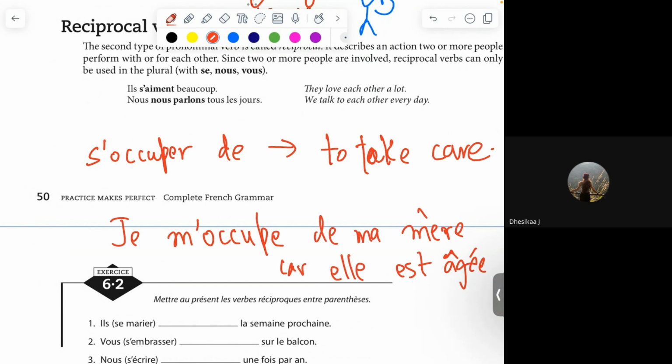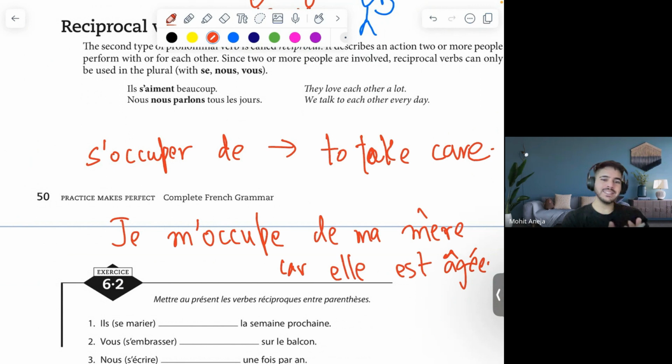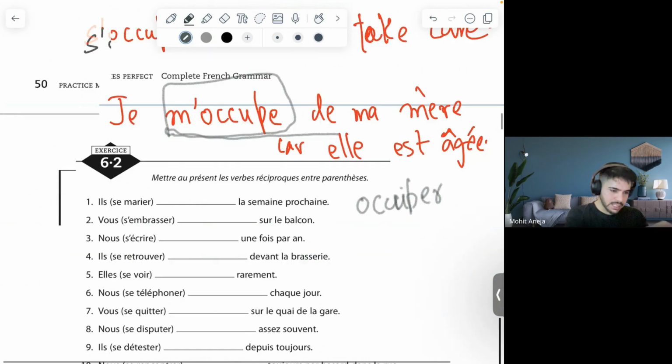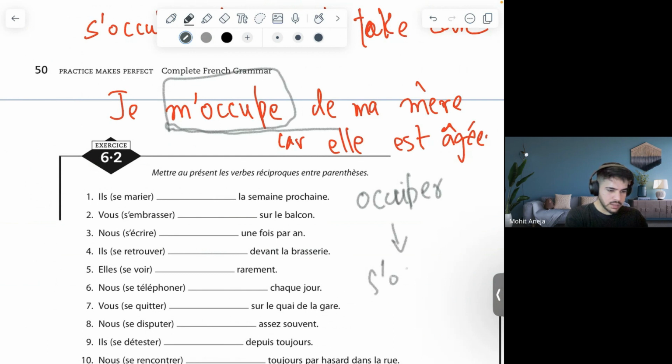I have a doubt in this part right now. Je m'occupe literally means I am busy with myself, right? The problem here is that I am actually teaching you this part. As I told you, occupe when transferred to s'occuper can mean an entirely different thing.